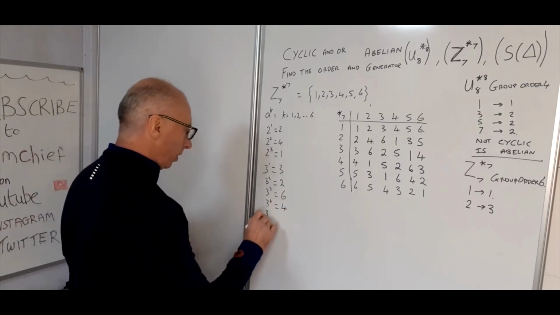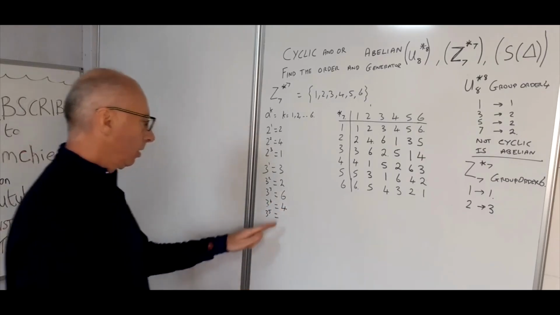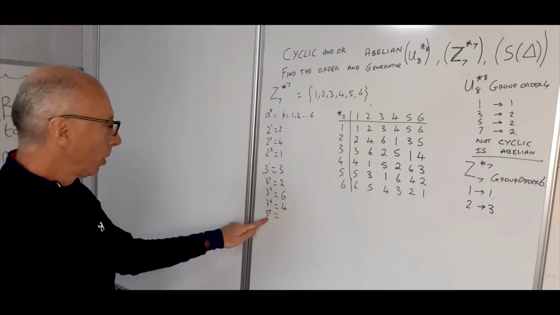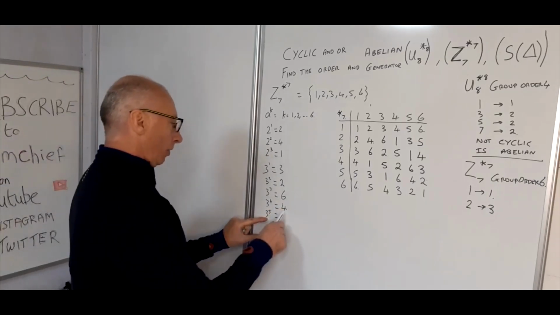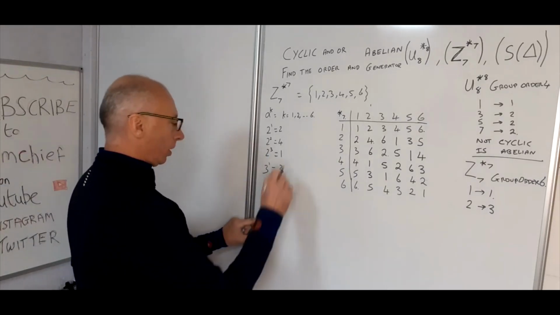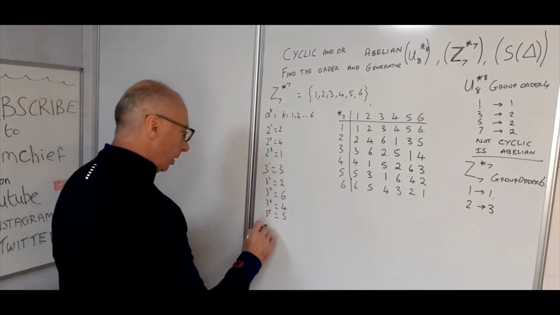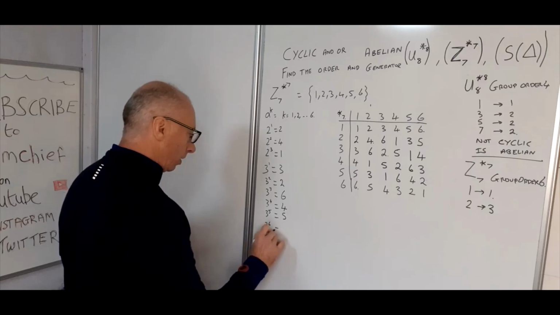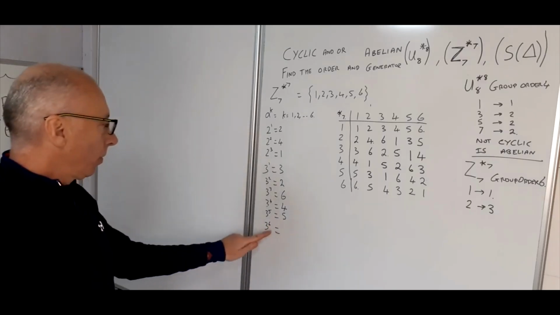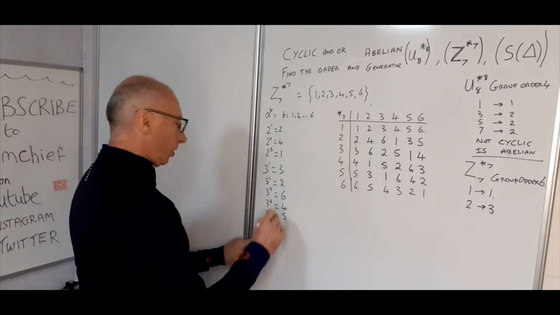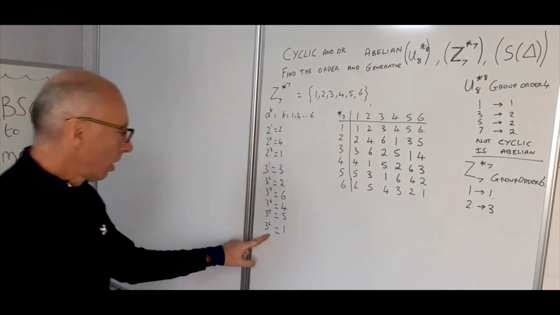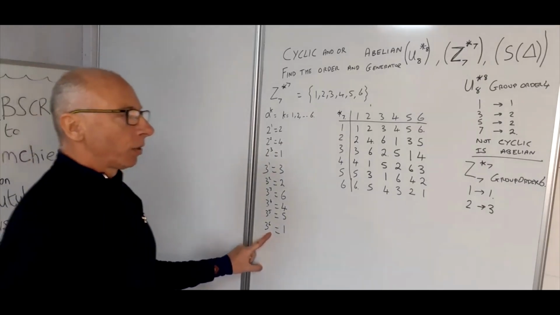And then 3 to the 5. Again, we'll just use the 3 to the 4 multiplied by 3. So 4 3s are 12. Modulus 7 gives us 5. And then all we need now is 3 to the 6. So 5 3s are 15. Modulus 7 gives us 1. So 3 is of order 6.